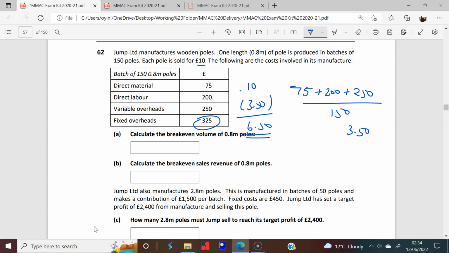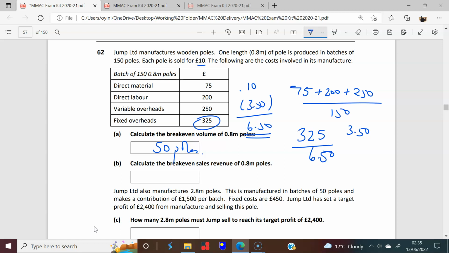If the contribution on each pole is £6.50 and you have fixed overheads of 325, you can divide that by the contribution on each pole. So 325 divided by £6.50 is 50. So we need 50 poles to break even.